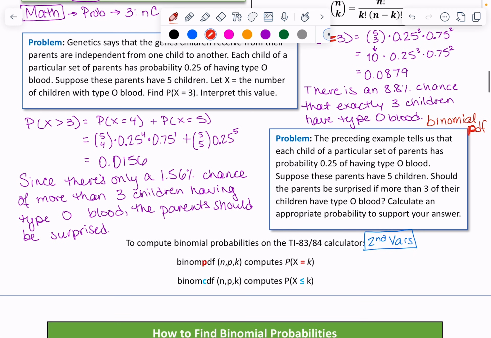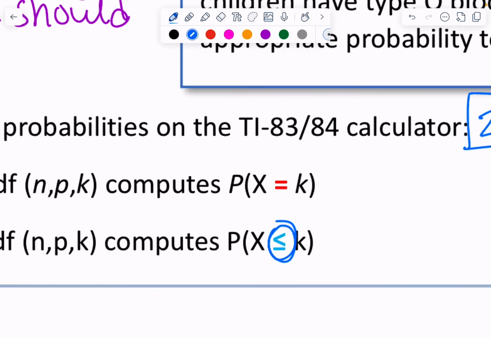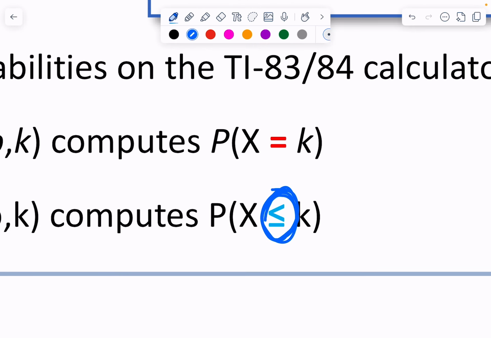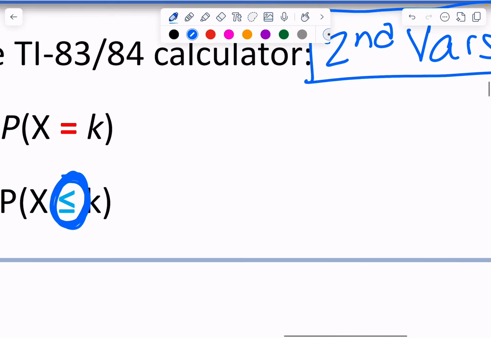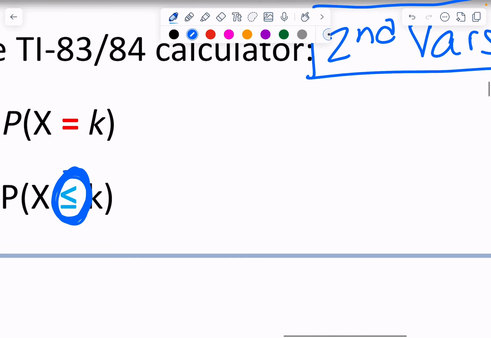Now binomial CDF, C is for cumulative. It has to be that symbol, the less than or equal to. So a few things. If you have that symbol, awesome. Easy job, right? Probability X is less than or equal to 2.